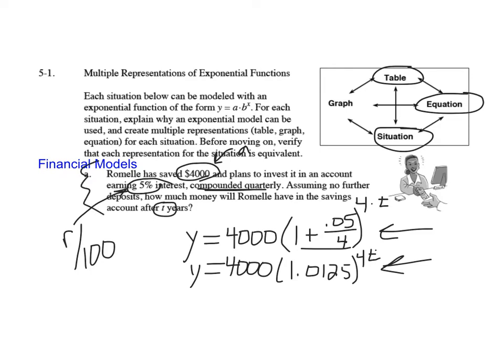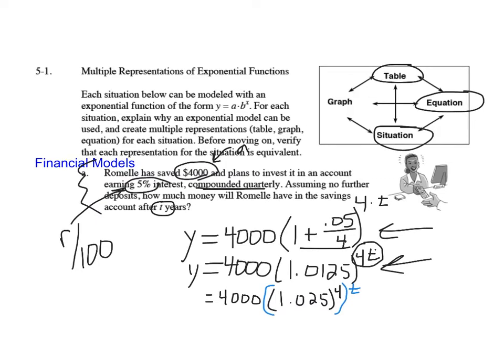Now we can even take this a little bit further. Remember, when you're multiplying in your exponent, that's like a power to a power. So we could write this as 4,000 times 1.0125 raised to the fourth, and then all of that raised to the t.